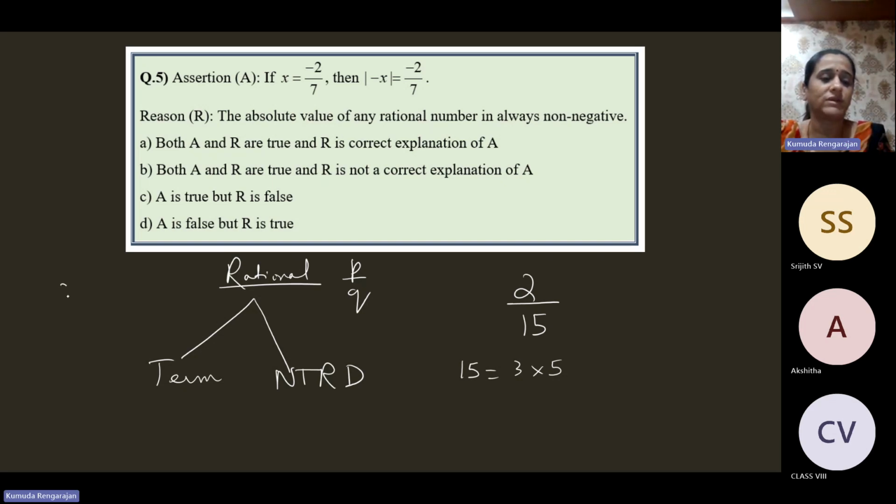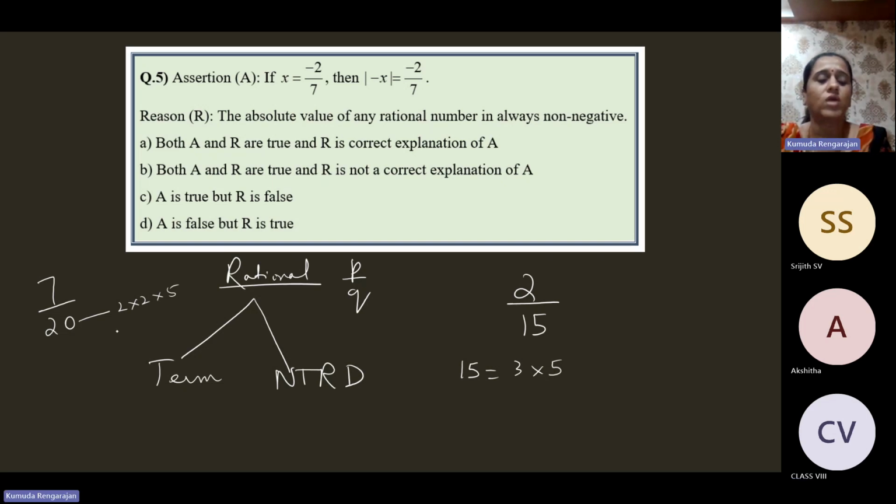Now consider this example, like 7 by 20. Is it in the simplest form, 7 by 20? Yes, ma'am. So the prime factorization of the denominator is 2 into 2 into 5.